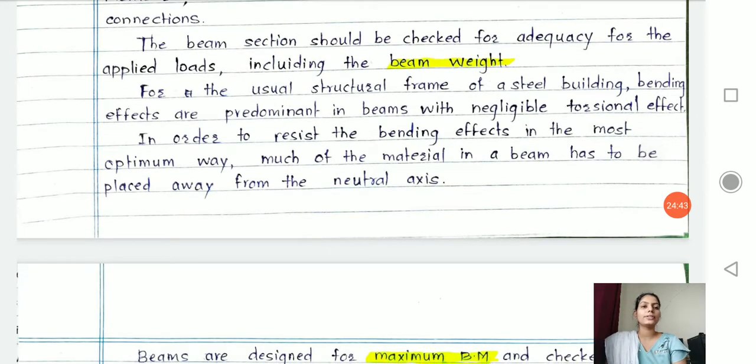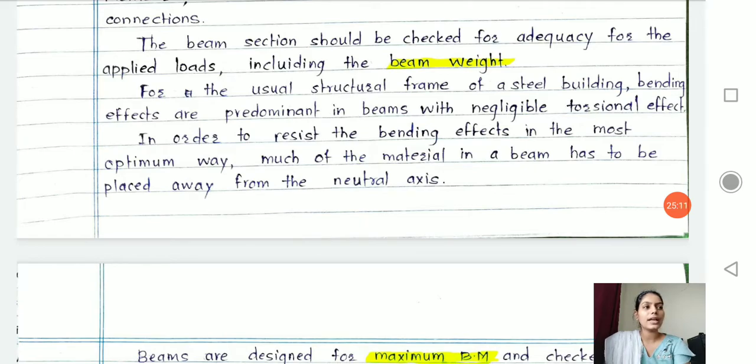Next, for the usual structural frame, meaning the frame structure of a steel building, bending effects are predominant in the beams, with negligible torsional effect. Beams are always designed for bending, and bending is the predominant action which has to be taken care of.